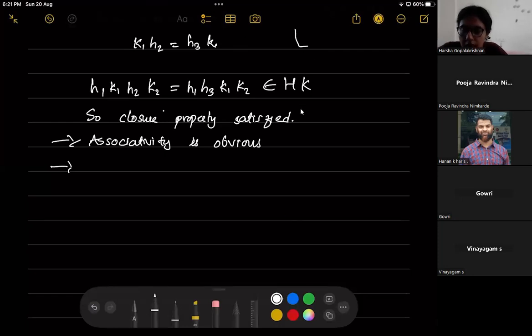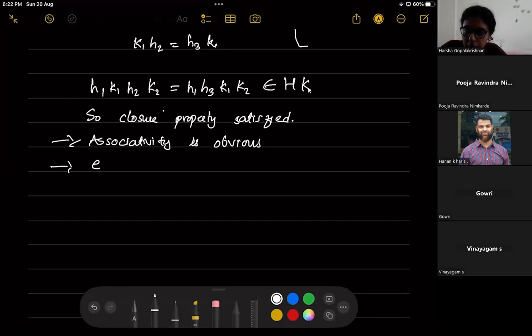Just think how identity can be written as the product of two elements from H and K, and note that both H and K are subgroups in G. Any idea? E1, E2? Not even E2, because we are dealing with only one group G. In G, one identity is there.